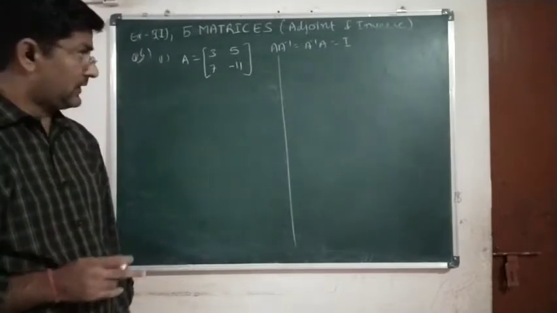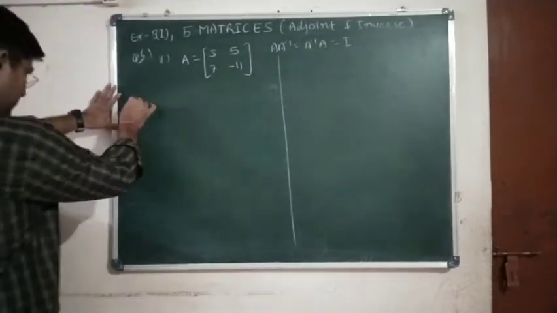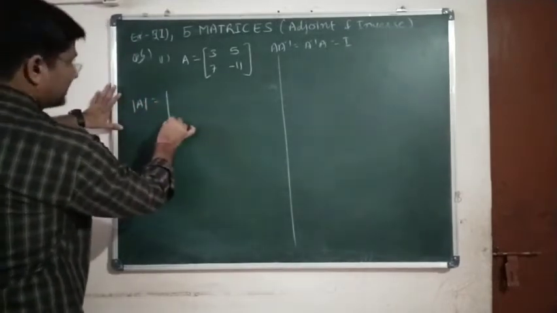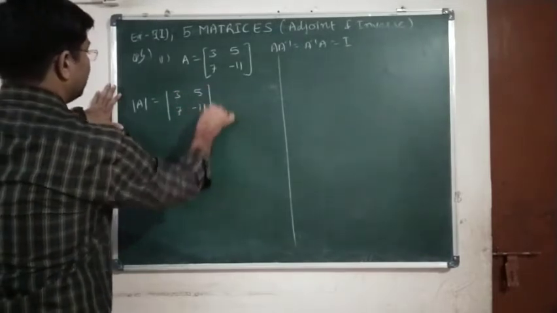So our first step is to find the inverse of A. For that we have to calculate the determinant of A and then the adjoint of A. Let us first find out the determinant of matrix A: 3, 5, 7, minus 11.